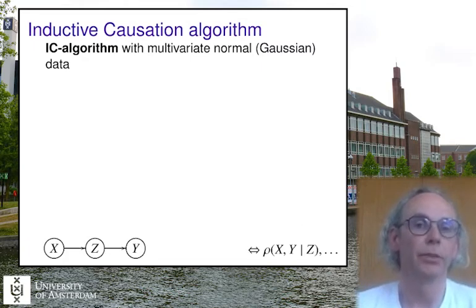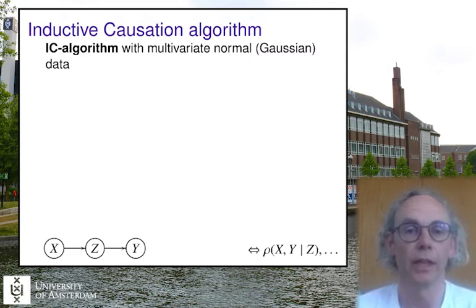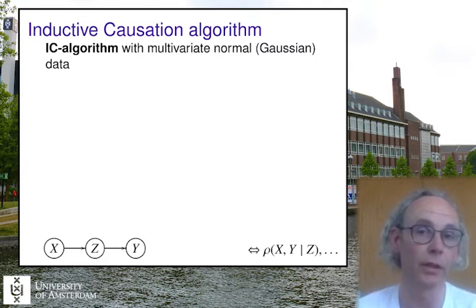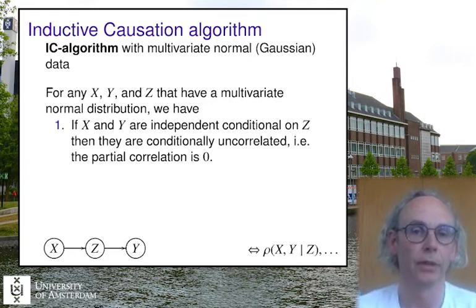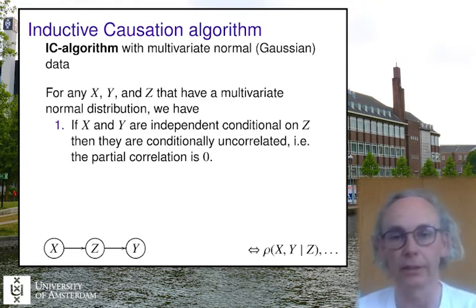Now, we've relied up to so far on the idea that we can just look at partial correlations and correlations and work with that. In general, we need to work with conditional independence relations, which is stronger than correlations. But if we work with multivariate normal data or Gaussian data, then these things are the same. In other words, if we have three variables and they have a multivariate normal distribution, we find that if x and y are independent conditional on z, then they are also conditionally uncorrelated.